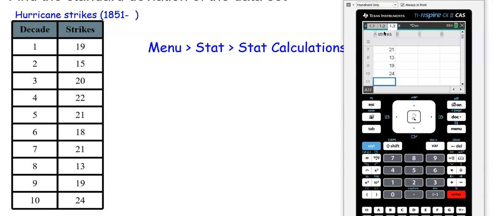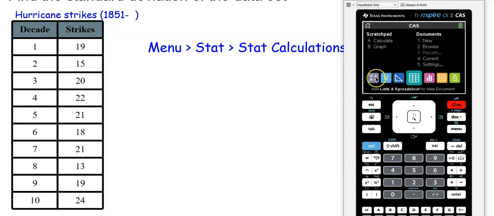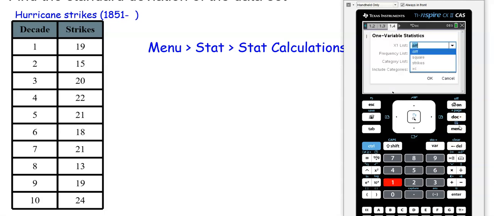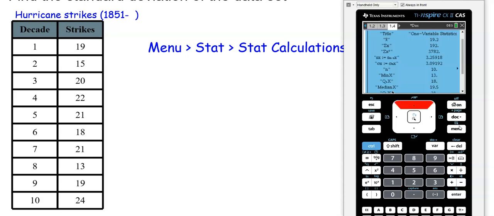Do I have 10 pieces of data? I do. I always like to check that I put the right number of data pieces in. Hit the home key, go to a calculator page. Let's do one variable stats, and use 611. Right click, choose strikes. And it does all the work for us.